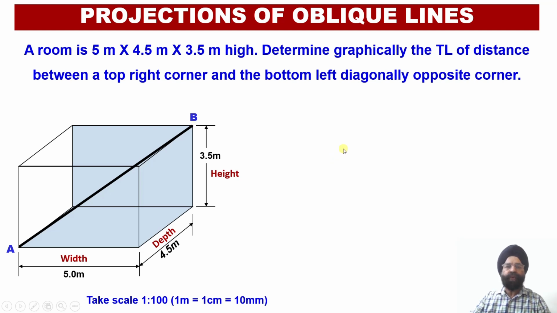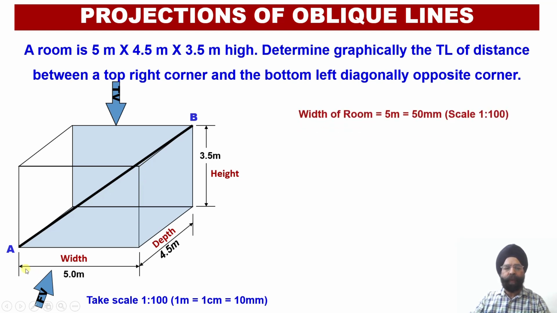So in order to draw the projections of the oblique line, first of all we need to convert this situation into the projections of the oblique line. Here we can see that when we look at this room from the front side, the front view will be available in the form of the width of the room and the height of the room.